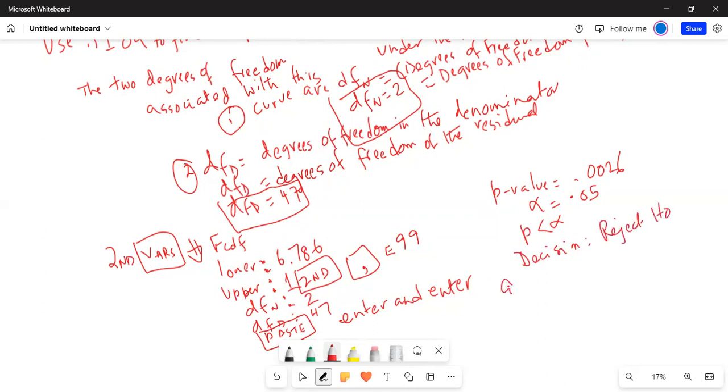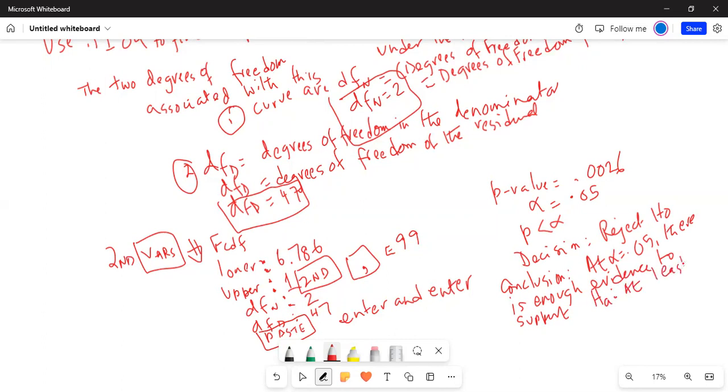The conclusion is at alpha equal to 0.05, there is enough evidence to support HA, which states at least one of the betas is not zero.